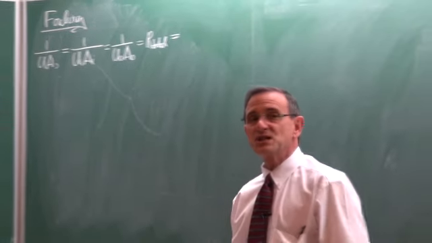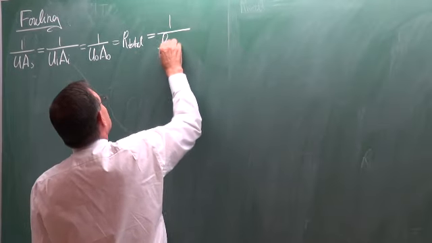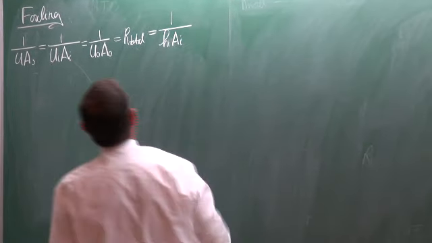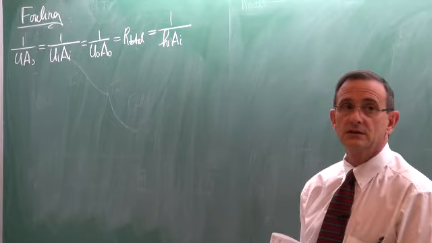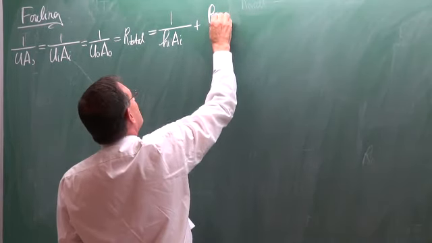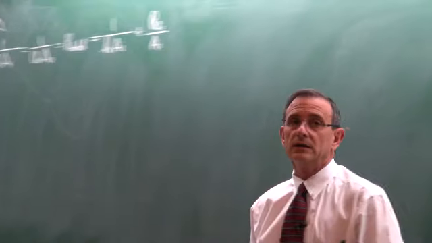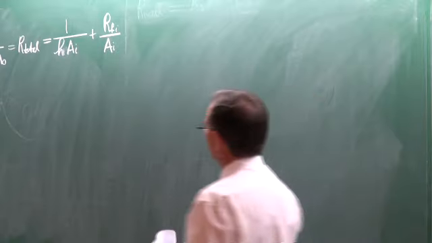And the total resistance is then going to be 1 divided by the heat transfer coefficient on the inside multiplied by the area on the inside, plus the fouling resistance on the inside divided by the area on the inside. Okay.